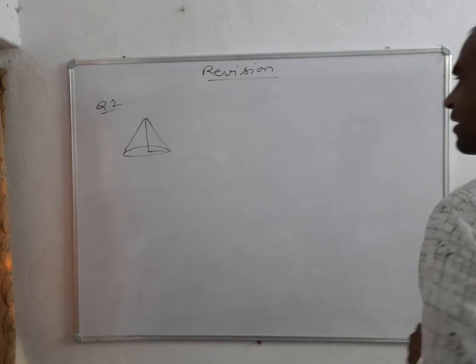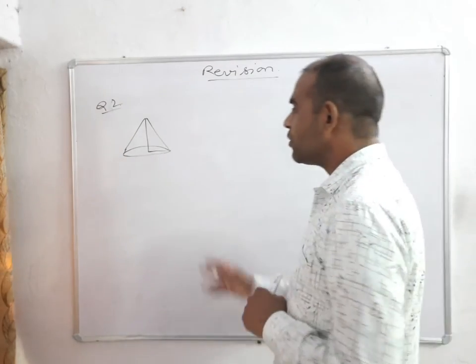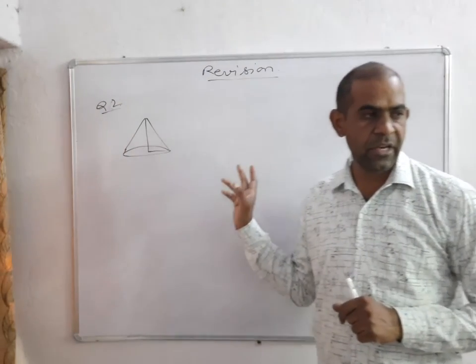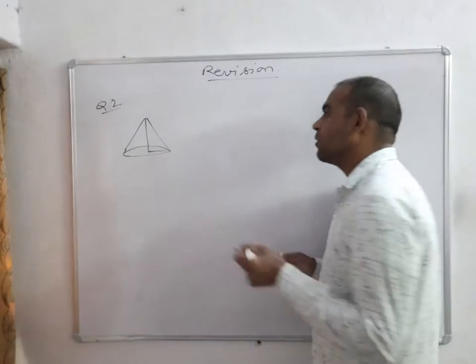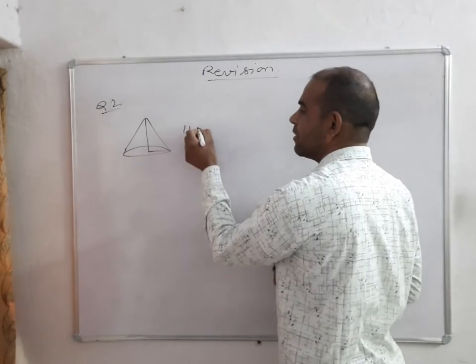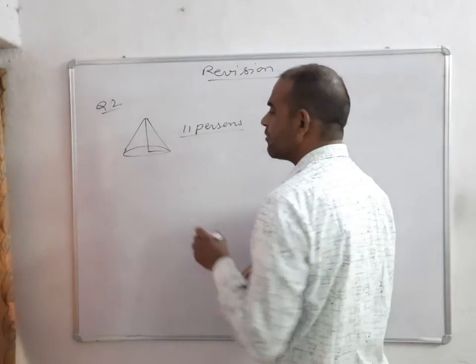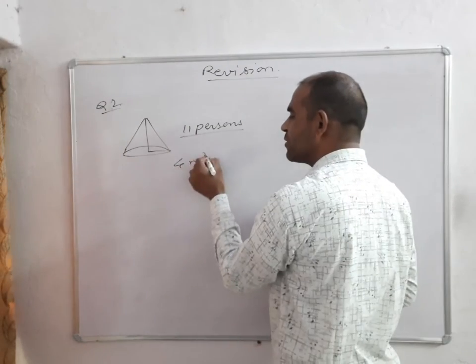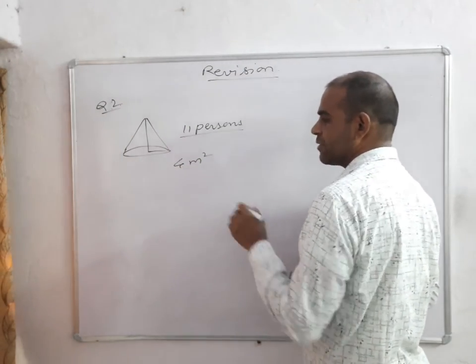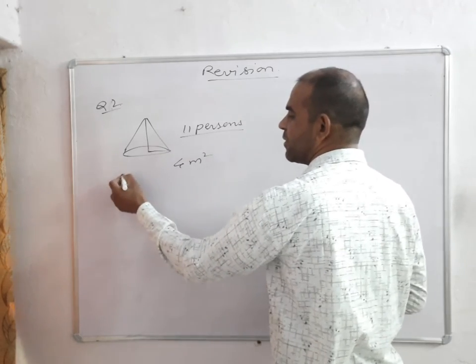And question number second is, a conical tent accommodates 11 persons and each requires 4 meter square of space on the ground, on the base.